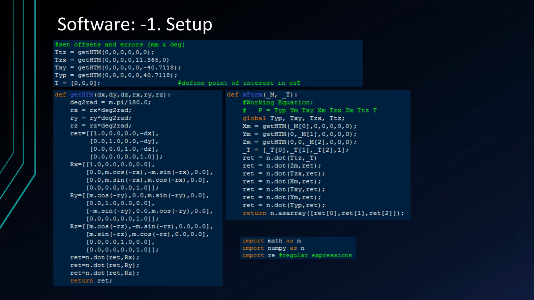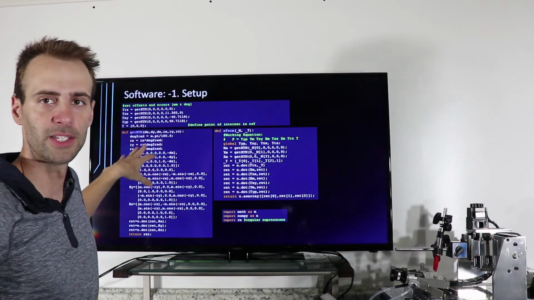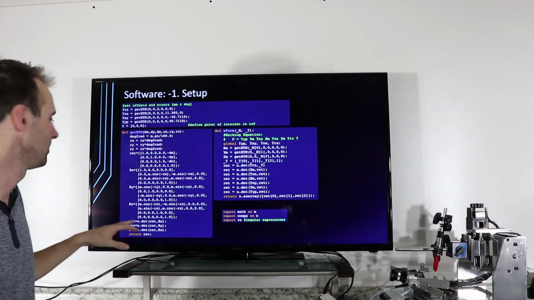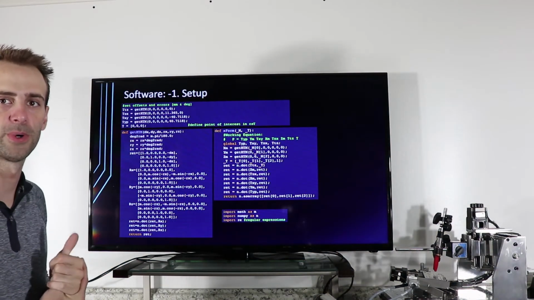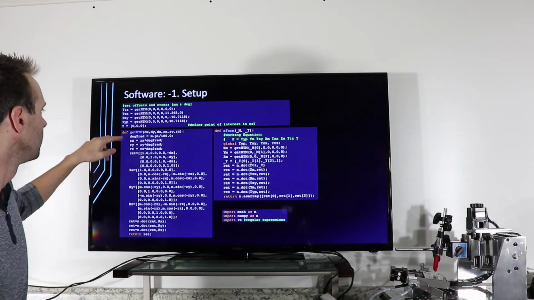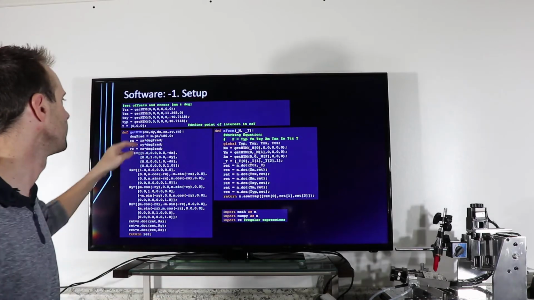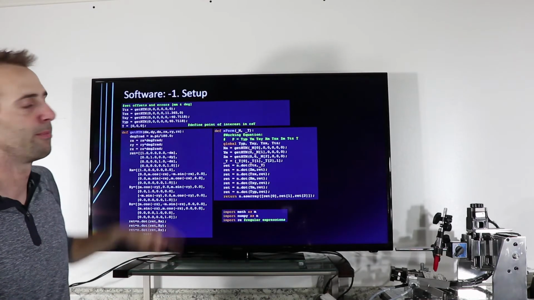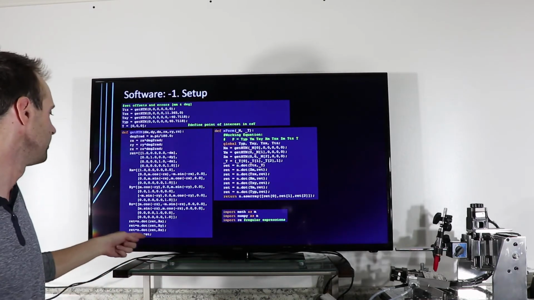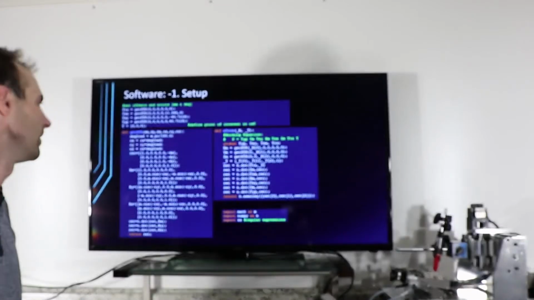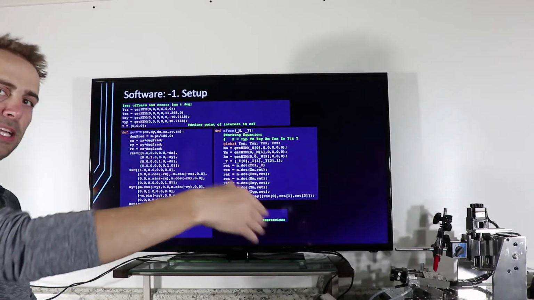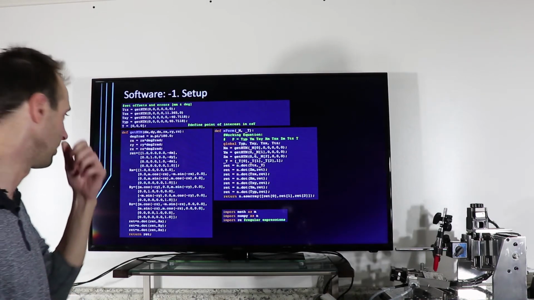All right, so this function here is the getHTM function. It takes my parameter list and returns an HTM, again keeping in mind my order of permutations.